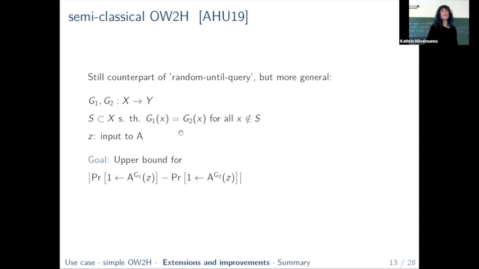And what we want to do now is to give an upper bound for A interacting with G1 or A interacting with G2, which means that we can reprogram the oracle on the whole set S.